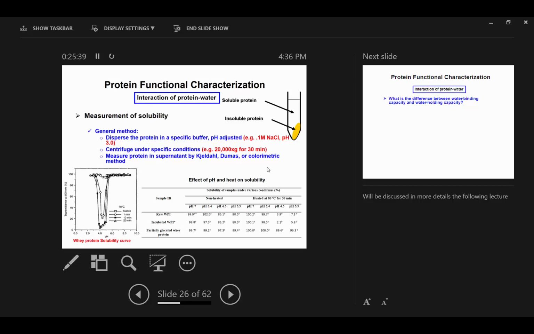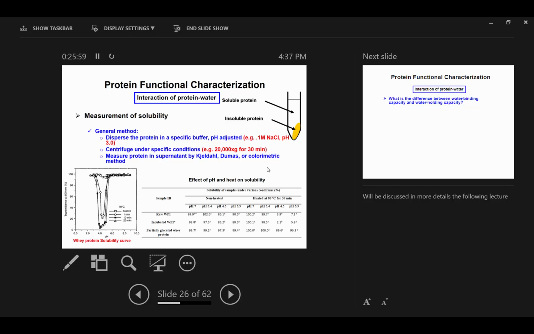This is from a research we've done. We looked at whey protein isolate and we looked at the glycated whey protein. We'll talk about glycation later. It's modification of the protein to make it more soluble. Look at heating at pH 4.5 and 5.5. It lost solubility, same as what this figure shows.